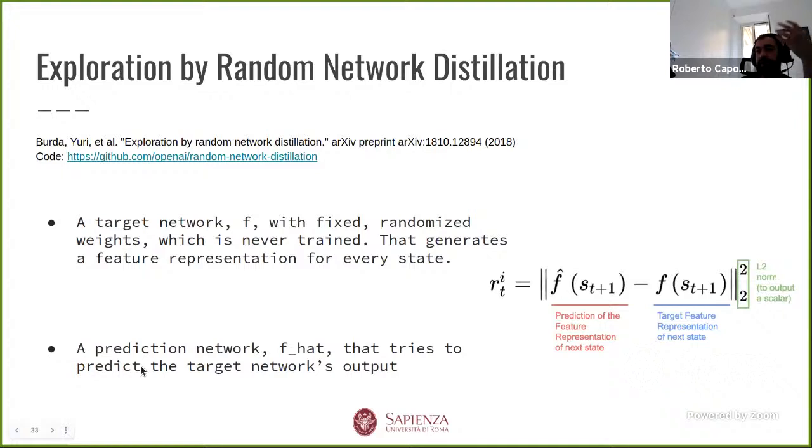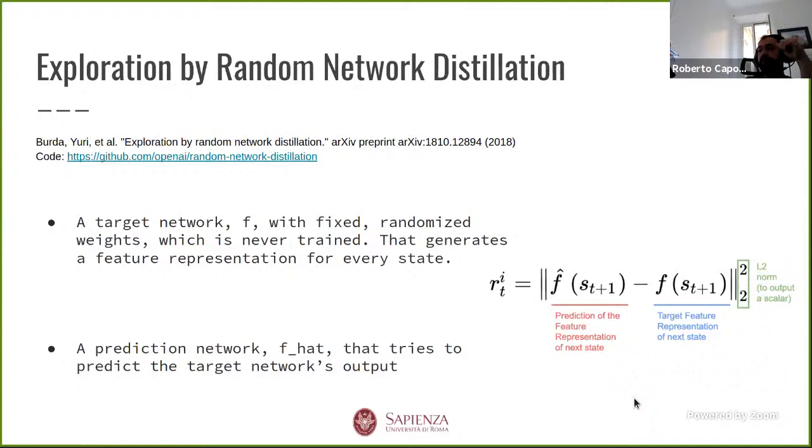And a prediction network now is trying to predict the target network's output. So this is trying to learn what this initial target network has. Basically, it's trying to learn what are the weights of this target network.